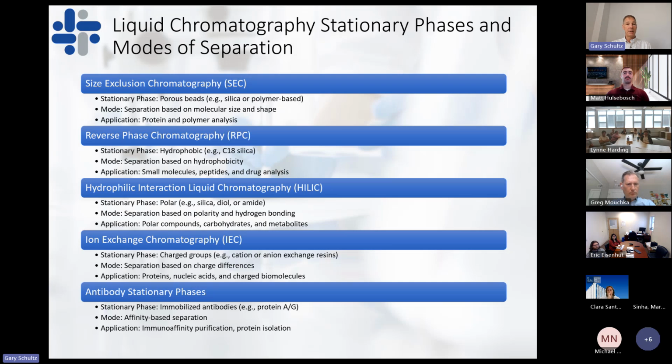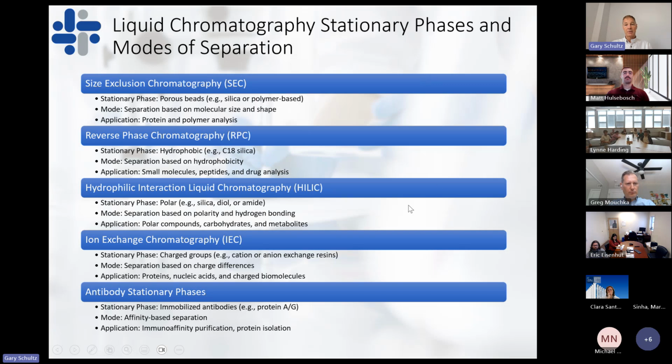The more hydrophilic analytes will elute earlier in the gradient, and the hydrophobic analytes will elute later. It's just a matter of changing the composition of the mobile phase in order to affect the partitioning coefficient between the mobile and stationary phases for each particular analyte. It has strong applications in small molecule and drug analysis and peptide analysis from bottom-up proteomics.